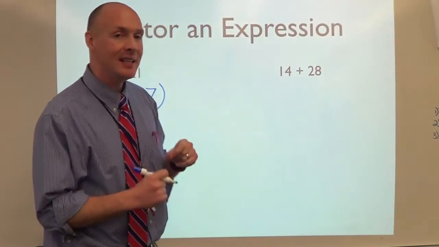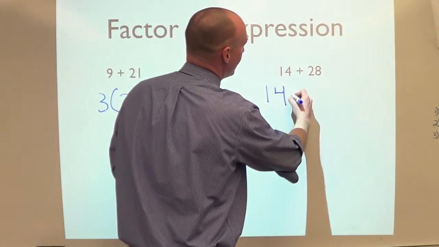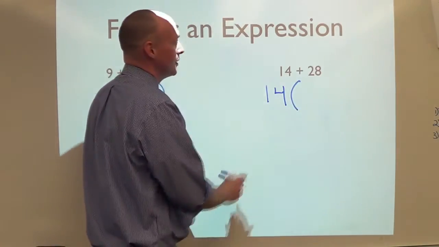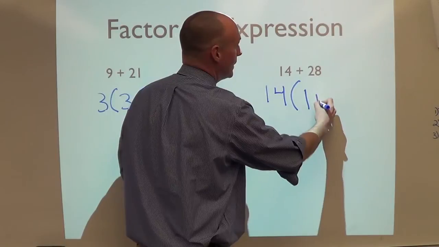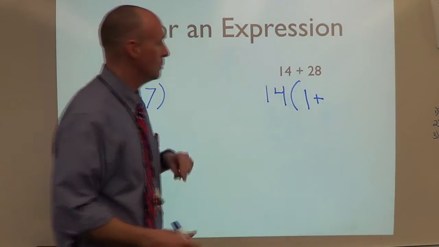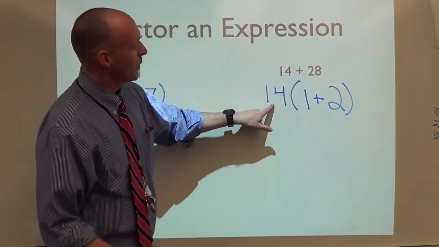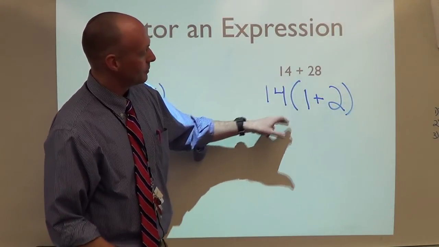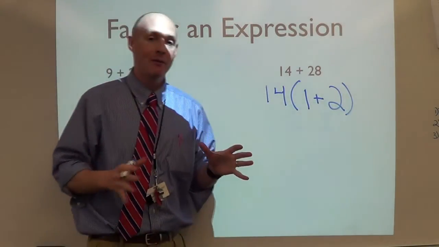I think 14 is the largest number that can go into both. 14 on the outside. In my parentheses, how many times does 14 go into 14? Once. Plus, how many times does 14 go into 28? 2. And we're left with 14 times 1 plus 2 in parentheses. And there we have our answer.